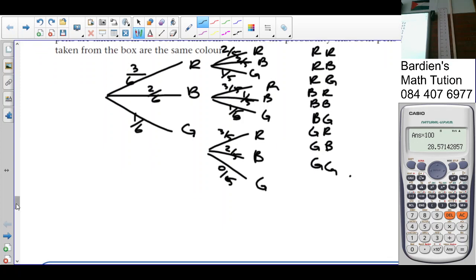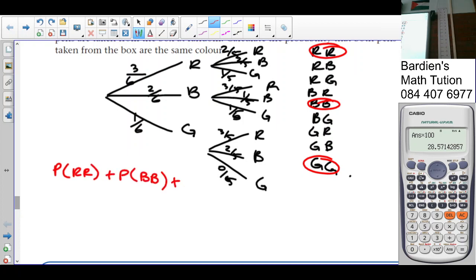So, the same color could be red, red, blue, blue, green, green. That's all. So that would simply be the probability of red, red, plus the probability of blue, blue, plus the probability of green, green.